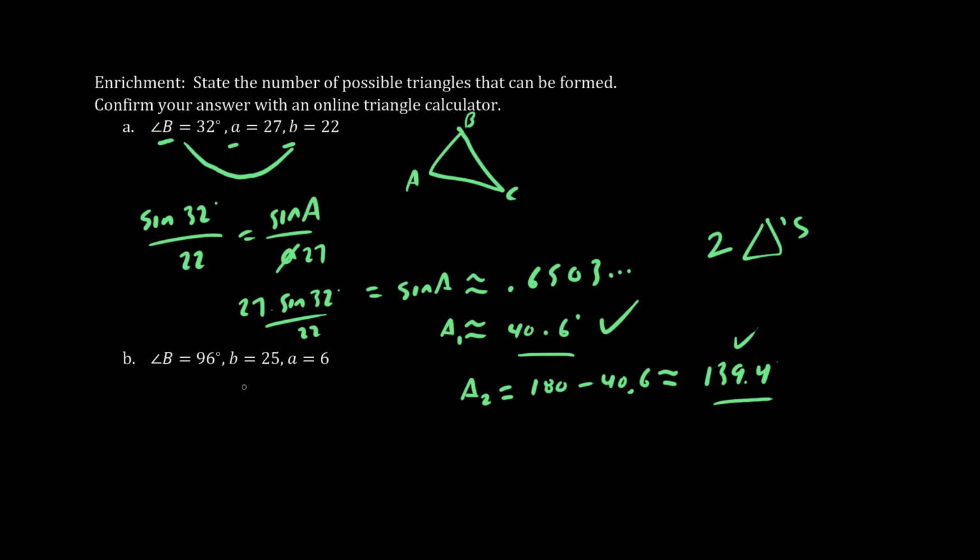Let's try this second part here. We'll work with the B's first. Sine B over b equals sine A over a.